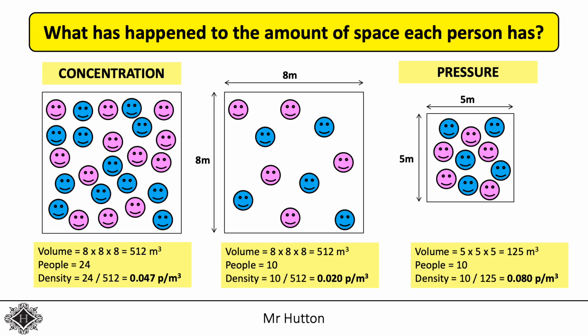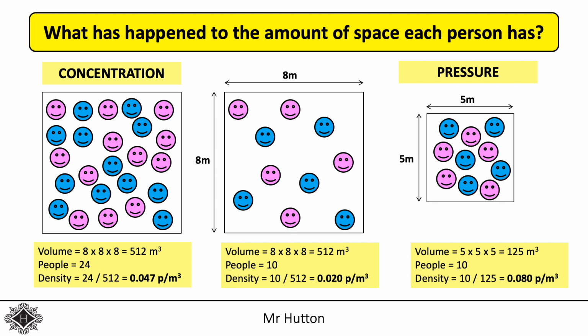If we stick with the middle one, the one we started with, we've got 10 people in there. So we've got 10 people per 512 meters cubed. So the density in there is 0.02 people or particles per meter cubed.